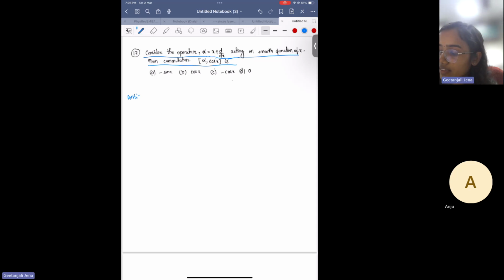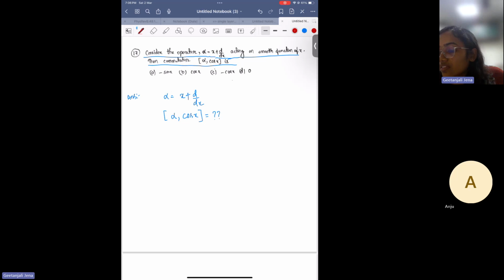It is given that alpha equals x plus d by dx, and it is asking what will be the value of this commutation relation.